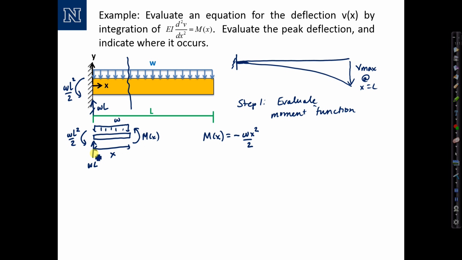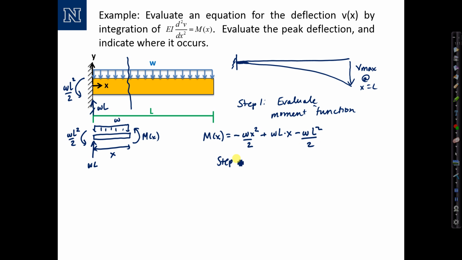Then I move on to the reaction, WL. It's acting in the opposite direction of the moment, so it's equal plus WL times the distance, x. And then finally, I have the moment at the fixed end, minus WL squared over 2. That's my moment function that I'm going to work with.